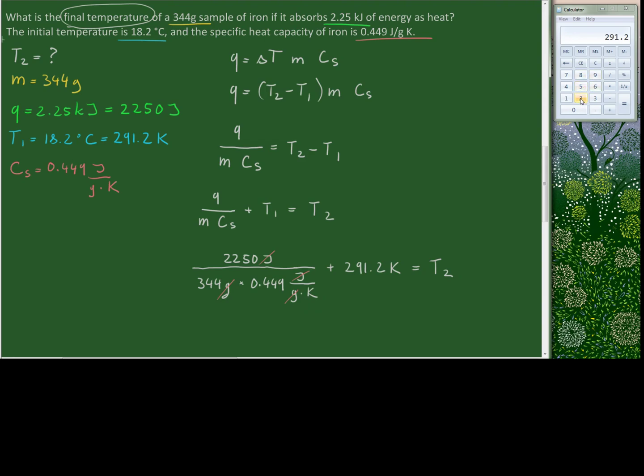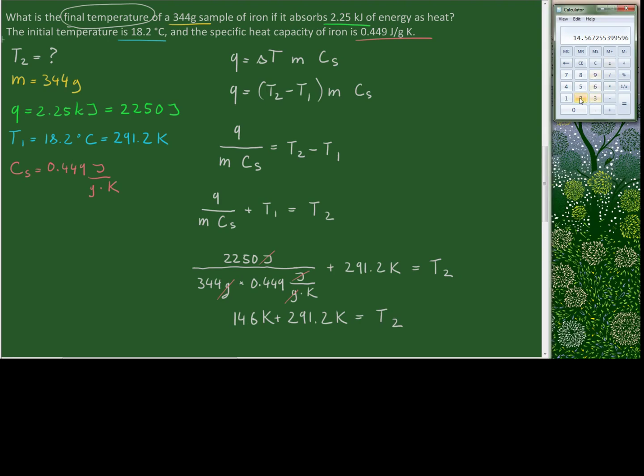So let's just calculate what we have. We have 2,250 divided by 344, that was the mass, divided by the specific heat capacity, which was 0.449, and that gives us 14.6, I'm going to round, Kelvin, plus T1, which was 291.2 Kelvin, equals T2.